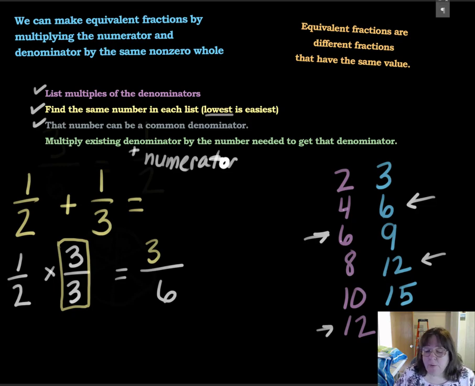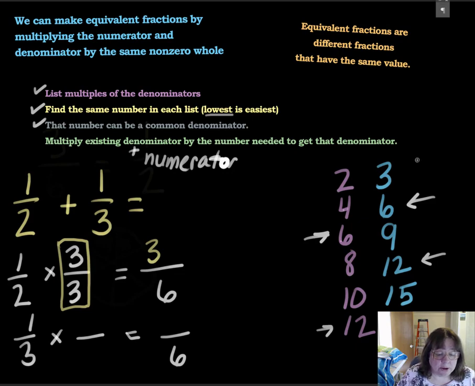Now let's convert the 1/3. 1/3 times something is going to have 6 as the denominator. Let's go back to our chart. Here's the 6. What are we going to multiply 3 by to get 6? Well, that should be pretty easy because we just did it. We did 2 times 3 is 6. And if 2 times 3 is 6, 3 times 2 is 6.